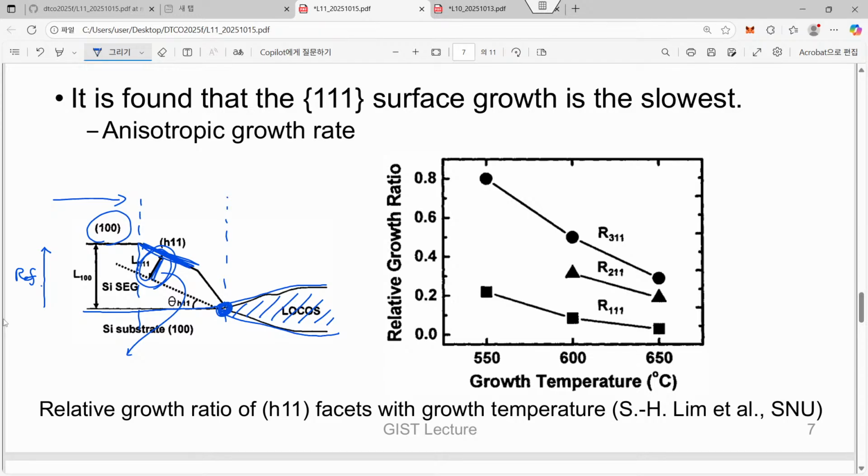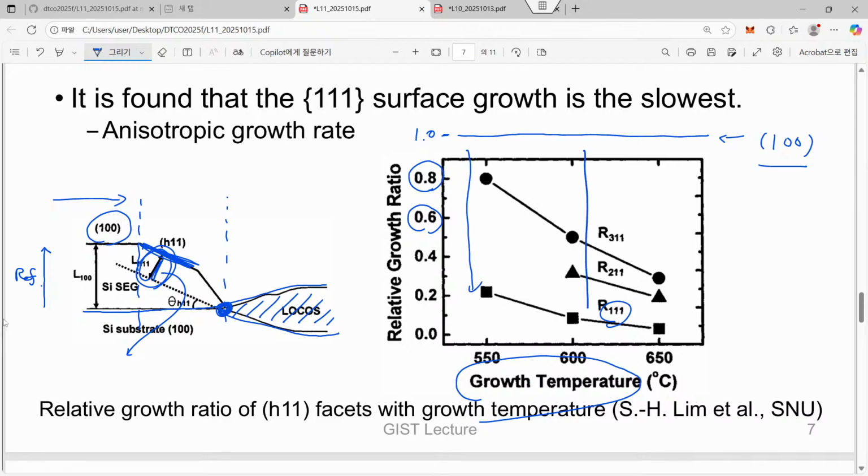When you have a look at this thickness, of course depending on growth temperature, the ratio changes. But please understand, here we have 0.6, 0.8, and here we have 1.0. And 1.0, what is 1.0 in this case? This is corresponding to our 100 surface. Always the 100 surface is the fast one, and other ones like 110 show a much slower growth rate.